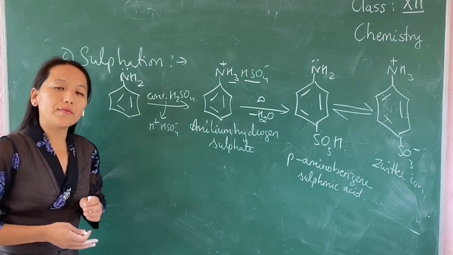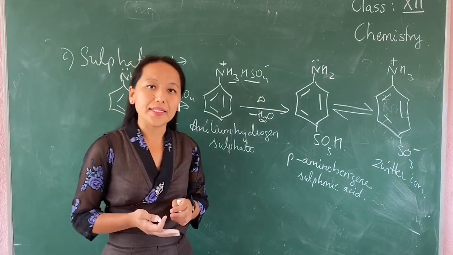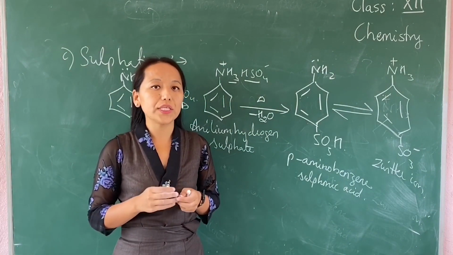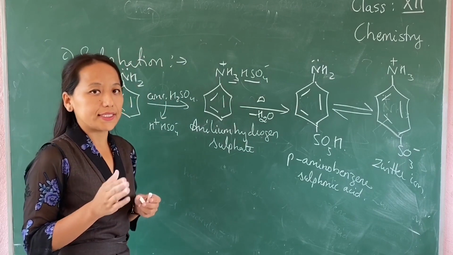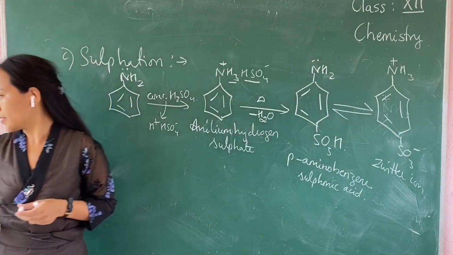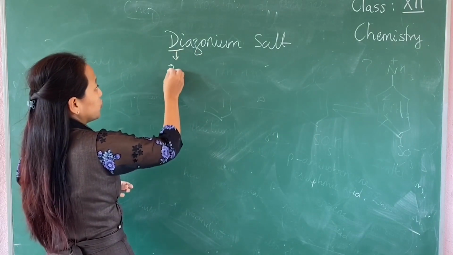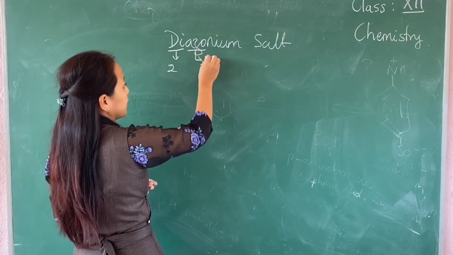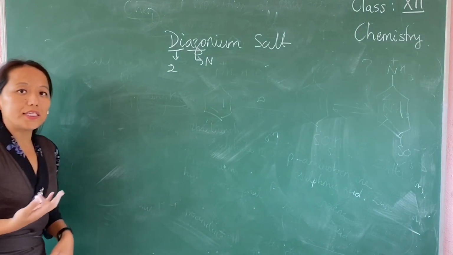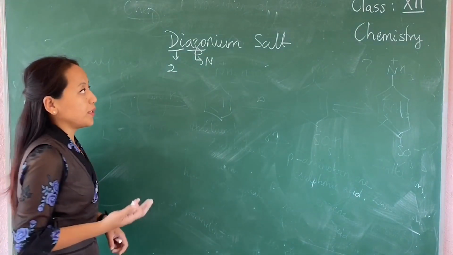Now with this, we are done with the chemical properties of amines. Now moving to the final topic of this chapter, that is diazonium salts. Di stands for 2, azo stands for nitrogen atom. A salt containing 2 nitrogen atoms, diazonium.